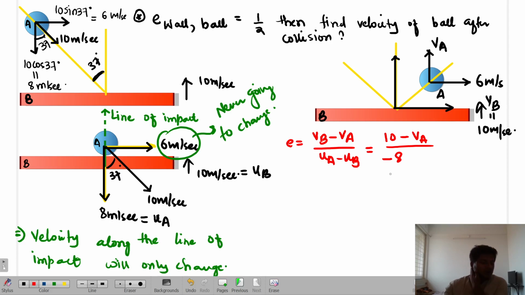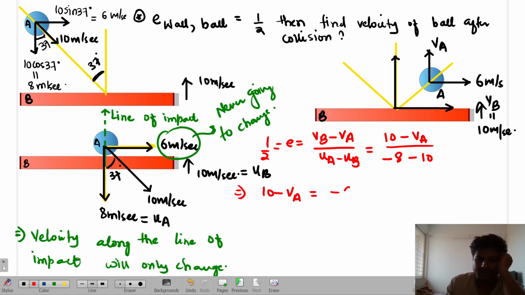And E is equal to 1 by 2. So we got our relation that 10 minus, it should be minus 9. So V of A is equal to 19 meter per second. So this is 19, and this is 6, and this is 19 meter per second.